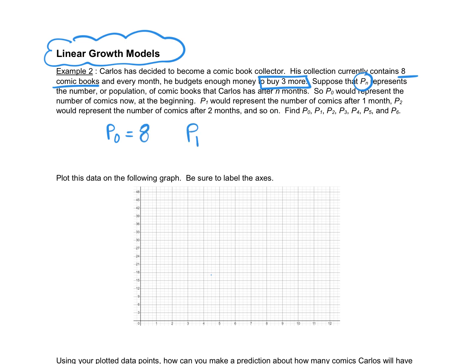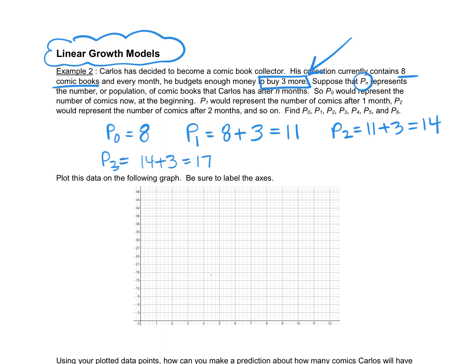P1 would represent the number after 1 month, so that would be those 8 plus 3, since every month he's going to add 3 to that, so that would be 11. Then P2, he's going to get 3 more than that, so 11 plus 3, which will be 14. P3 will be that 14 plus 3 more, which would be 17.